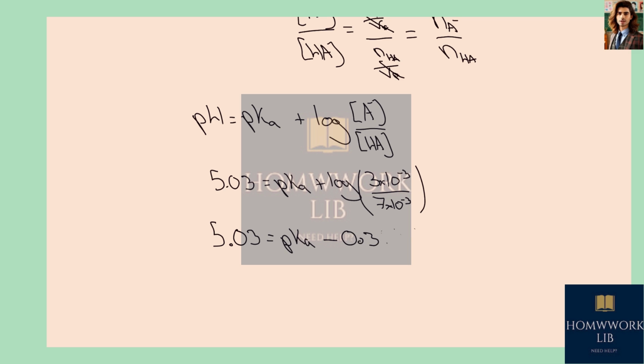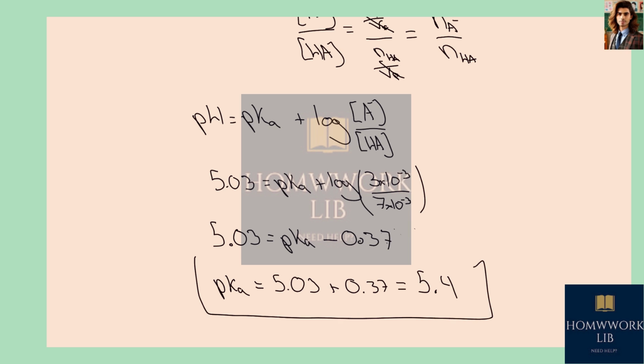So this is going to be 0.37, rounding up. That means that pKa is 5.03 plus 0.37, which is 5.4. And that would be all for this problem. Thank you very much.